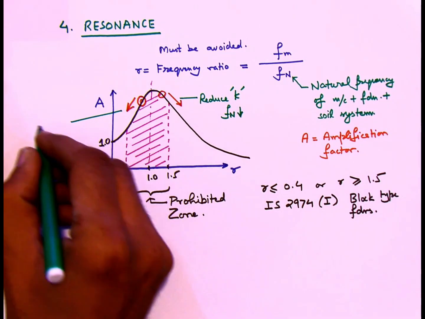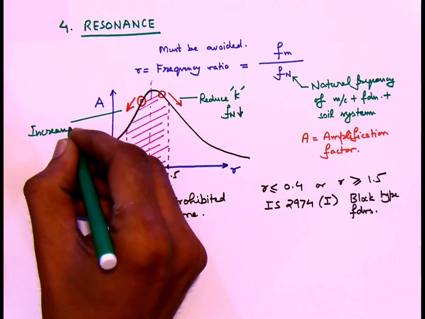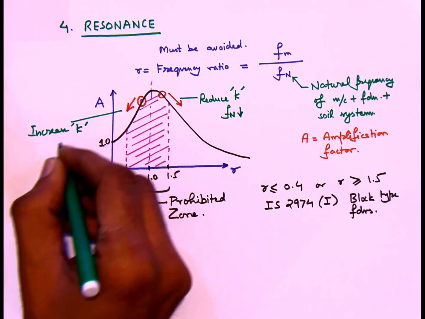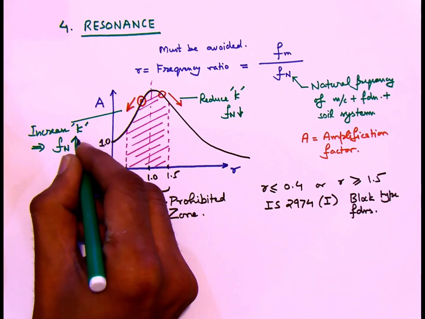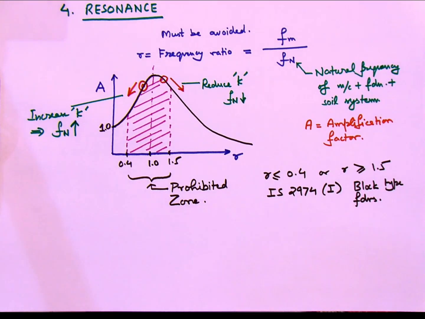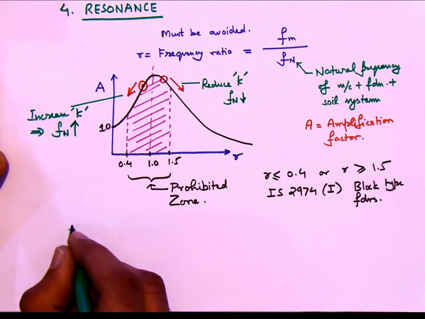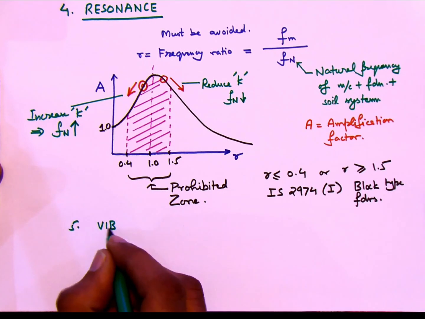Similarly, in case the frequency ratio is lying between 0.4 and 1, then it's advisable that we increase the stiffness of the system so that the natural frequency Fn increases, and that brings down the frequency ratio to less than 0.4. In this course, we'll study various technical ways of achieving these.